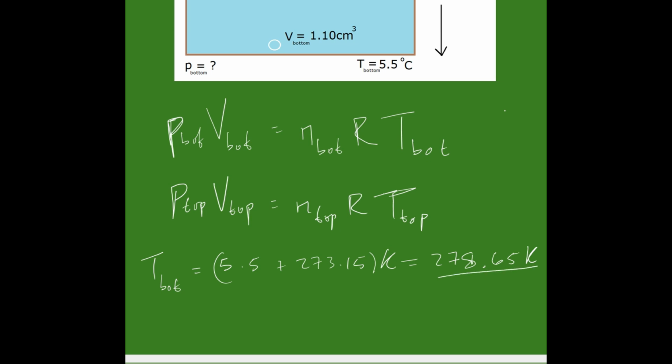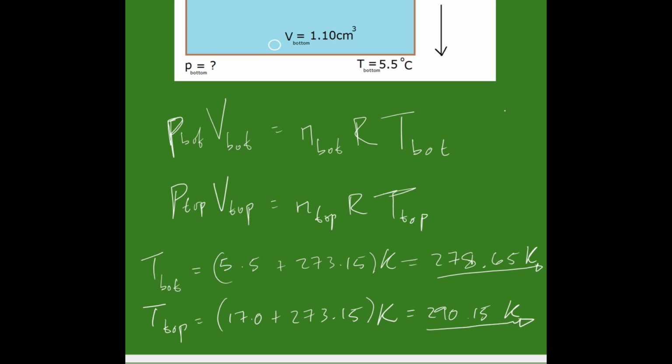So we want to work in the correct units. And the temperature at the top, which is 17 degrees Celsius, also plus 273.15 Kelvin, and this is 290.15 Kelvin.